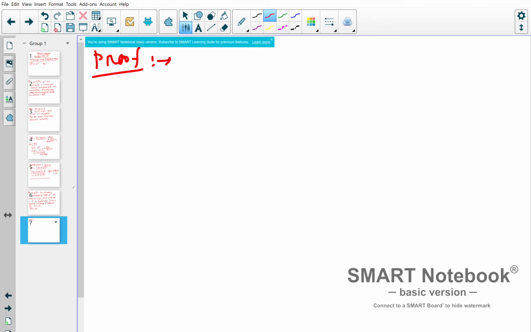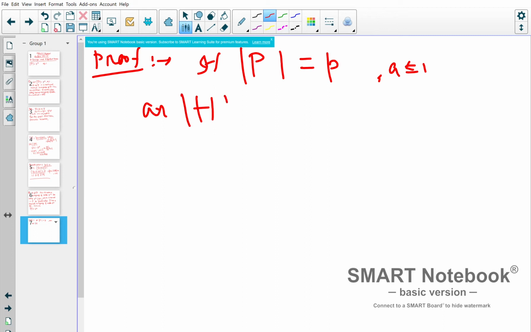Okay, so what happens if a equal to 1, that is, P is a subgroup with a single element?